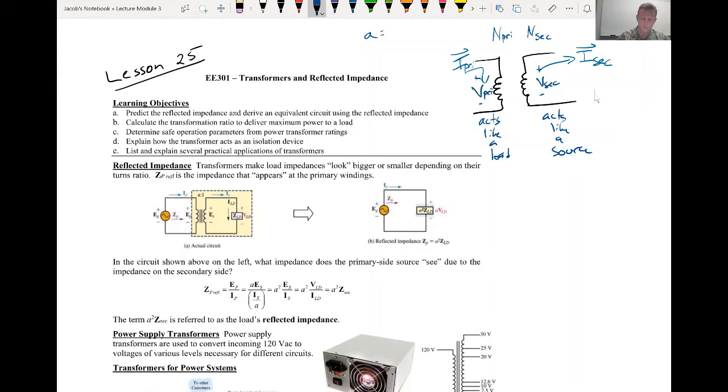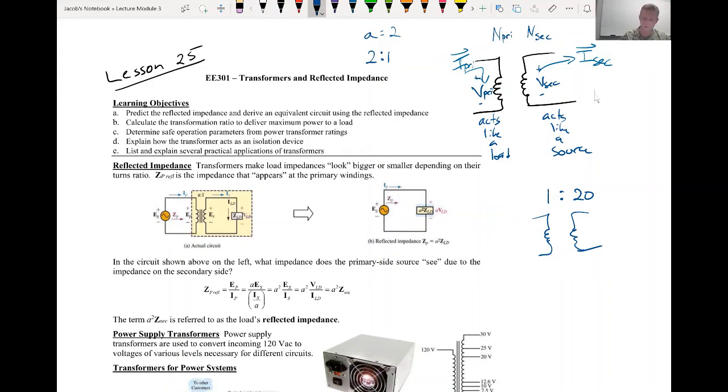And so the ratio, if it was 2, then it would look like 2 to 1. 2 to 1 would be a step down transformer. Down here, if I said 1 to 20 across some transformer, well, this would be a step up transformer. And it would go from a lower voltage up to a higher voltage. So that's just dealing with the voltages and the currents.